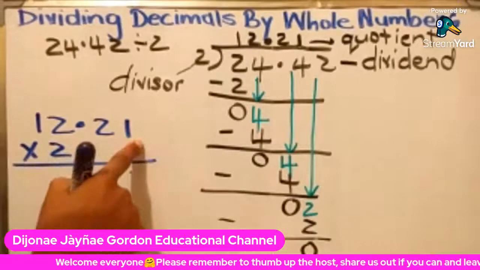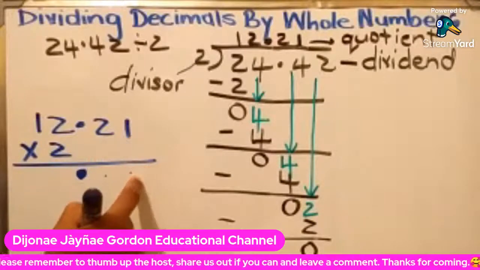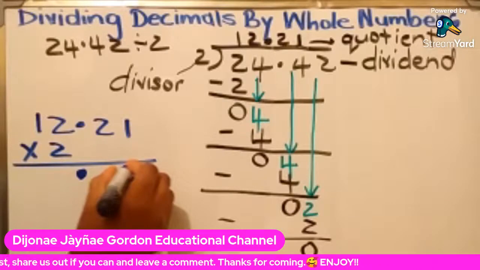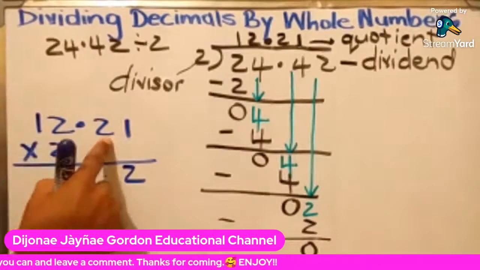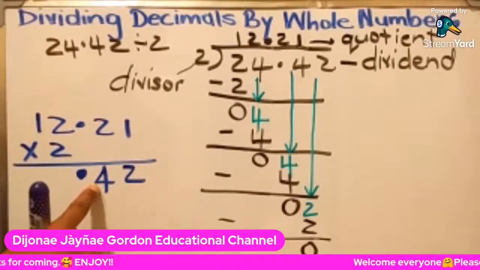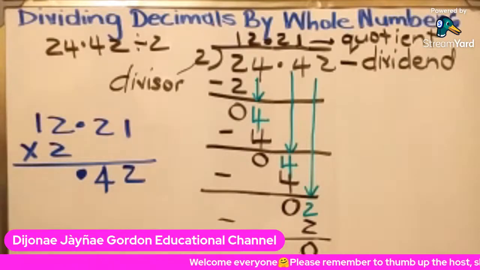2 multiplied by 1, of course, is going to give us 2. And our first answer is going to come right here in our hundredth column. 2 multiplied by 2, we are going to get 4, and our next digit is going to fall right in our tenth place.